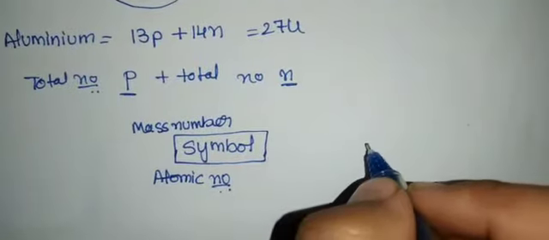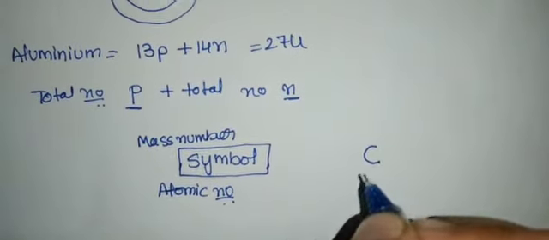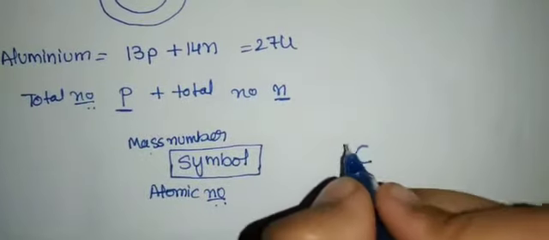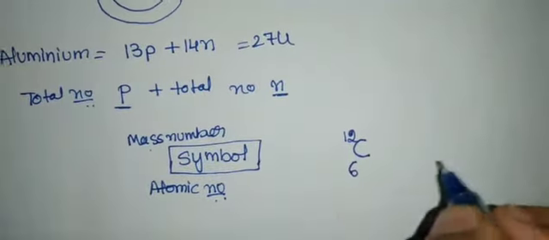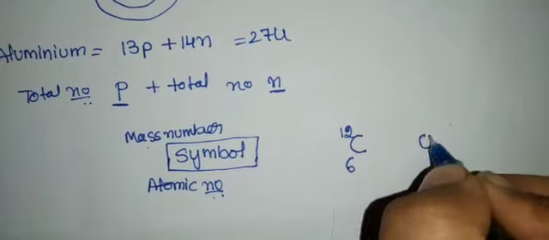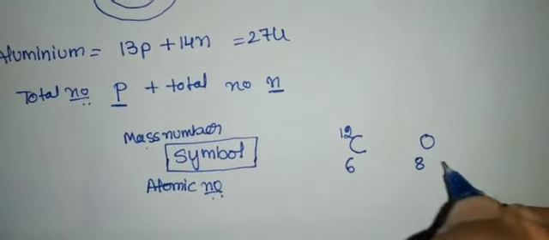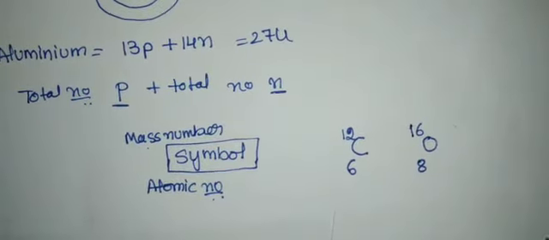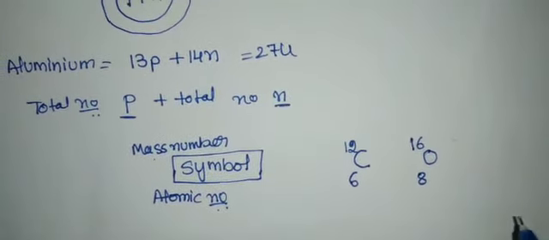For example, if you take carbon, atomic number is 6 and mass number is 12. If you take oxygen, atomic number 8, mass number you have to write here 16. So like this you have to write.